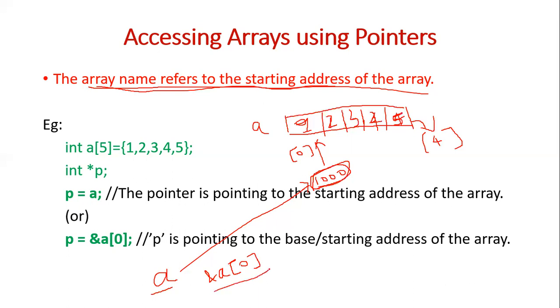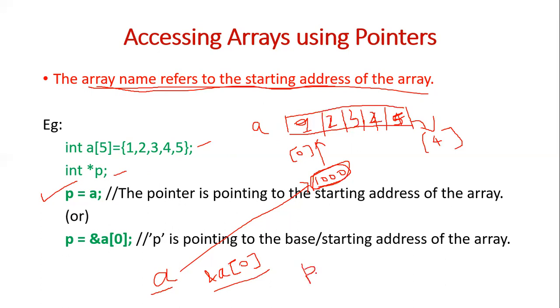So this starting address can be accessed either by using just a or by using address of a of 0. Here we are creating an array filled with some values, and then we are creating a pointer, int star p. So p is a pointer to an integer. Then we want to make this pointer point to the base address, or the starting address, of this array. For this, you can use the statement p is equal to a.